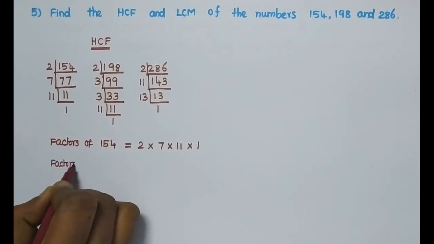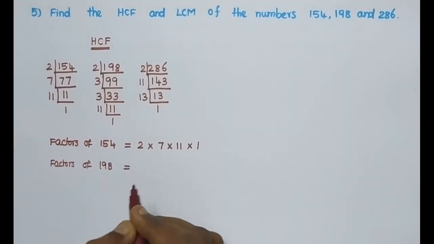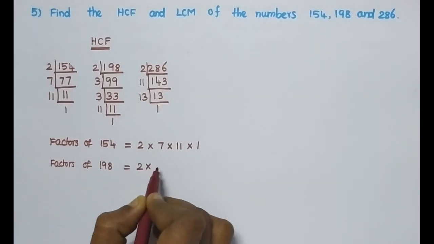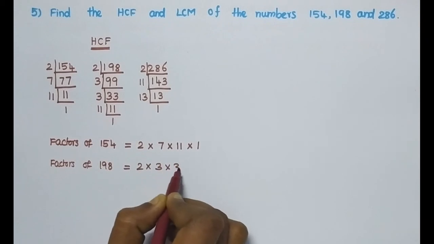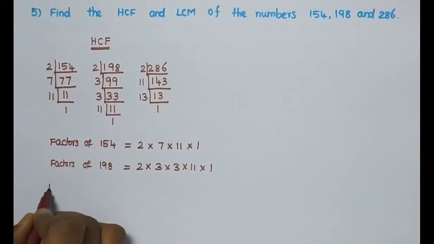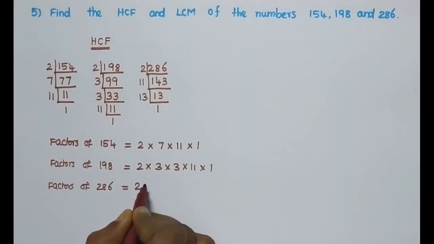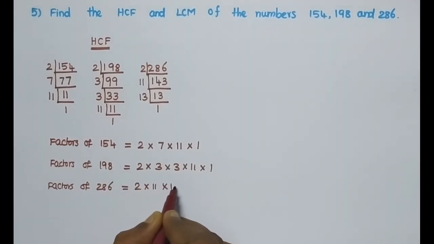Next one, factors of 198 equal to 2 into 3 into 3 into 11 into 1. Factors of 286 equal to 2 into 11 into 13 into 1.